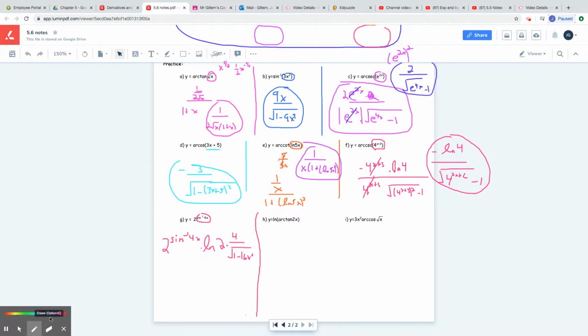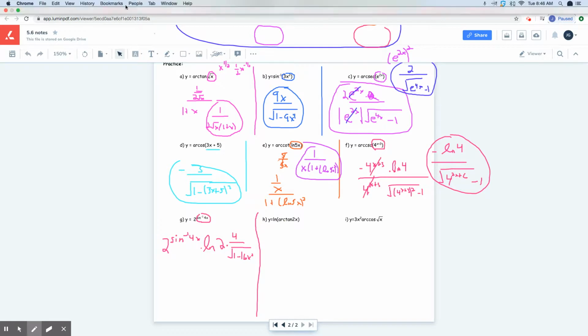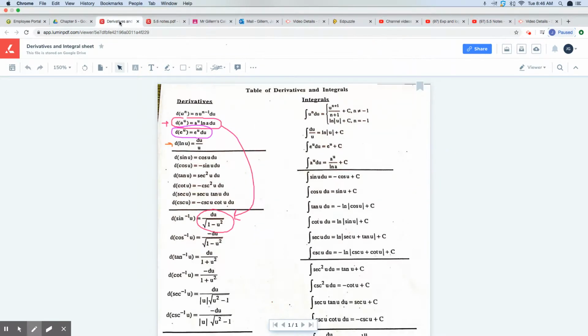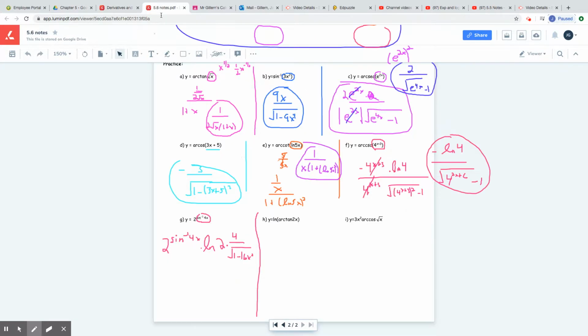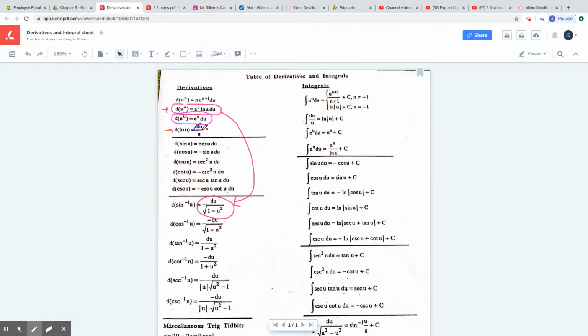All right, next one. Natural log. How do we get the derivative of a natural log? Well, the derivative of natural log, remember, is du over u. Okay, so this is my u. What's the derivative of arc tangent 2x? Well, to get that derivative, I have to use arctan, which is du over 1 plus u squared.